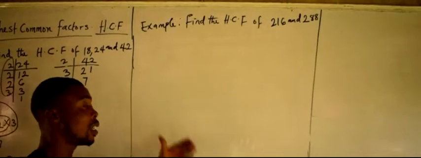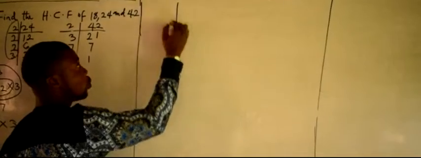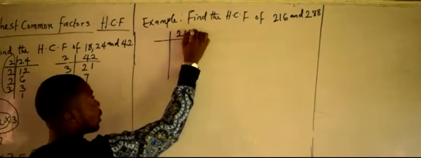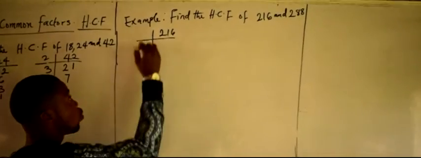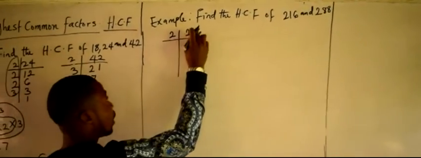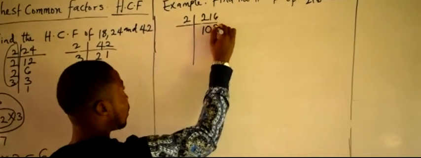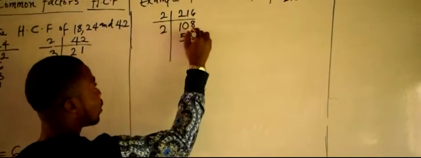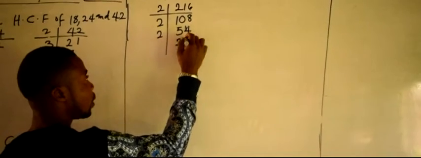To do this, let's use the method we used in the first example, dividing using prime numbers, or prime factors. 216 is the first number. 2 will go in 216: 2 into 21 is 10 remainder 1, making 16, 2 in 16 is 8. 2 will go again: 2 in 108, 54, 2 in 54 is 27.